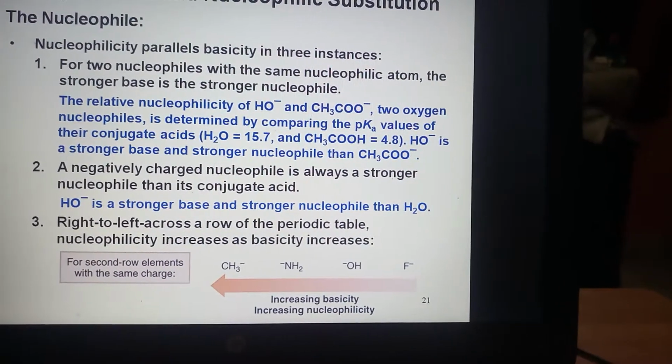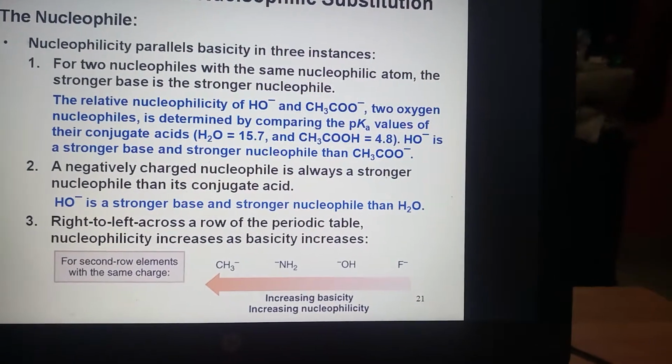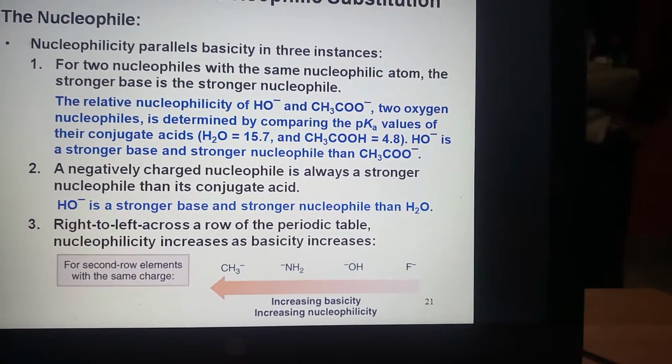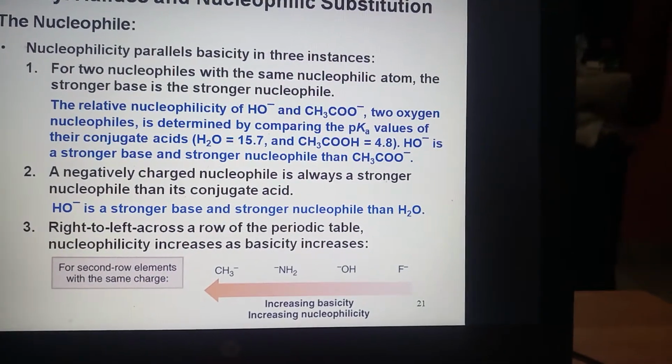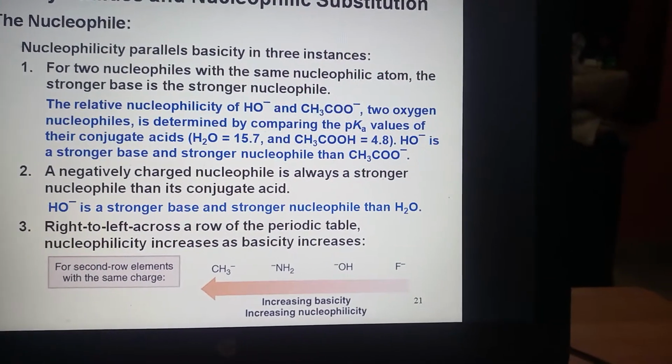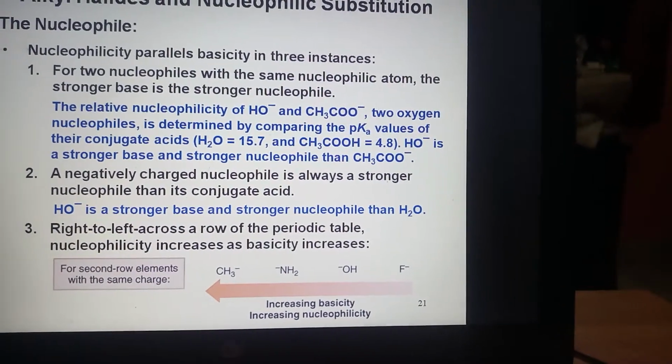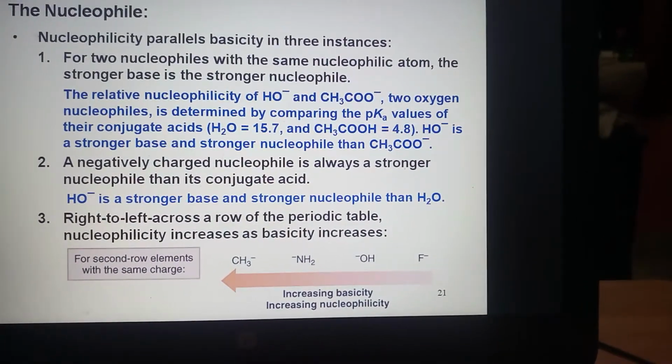For water, the conjugate acid of OH-, it is 15.7, and for acetic acid it is 4.8. So from this data we can confirm that OH- is a stronger base and stronger nucleophile than CH3CO2-.